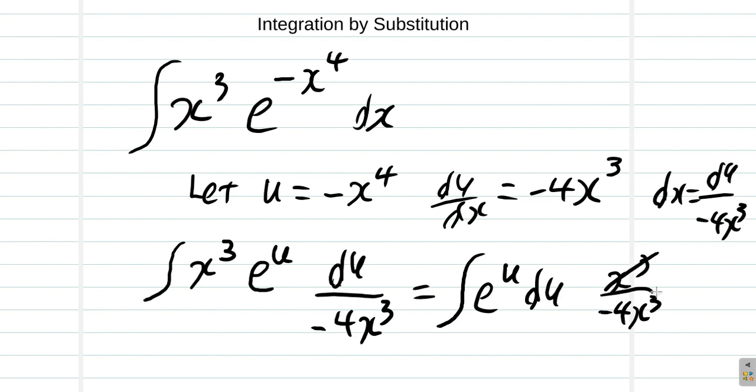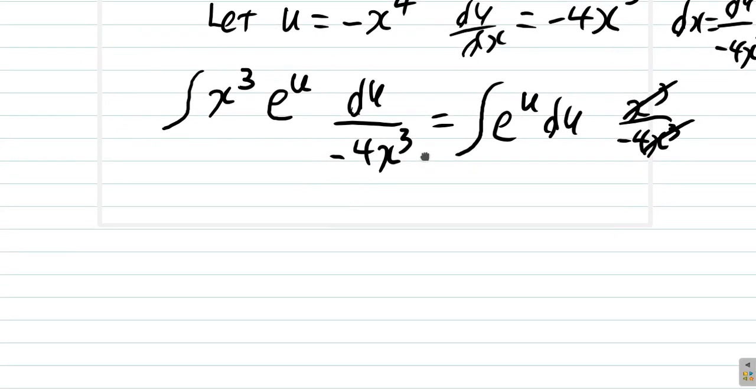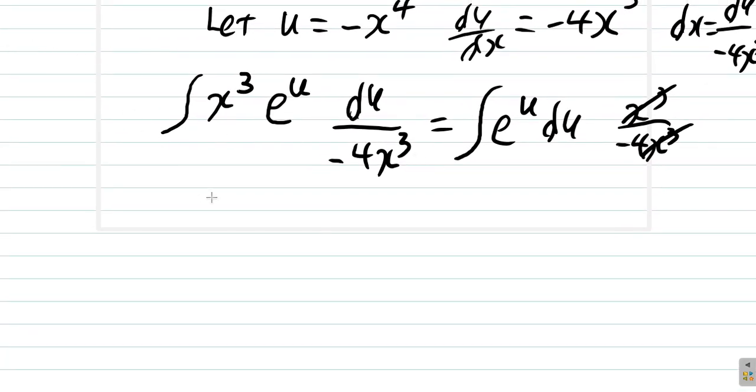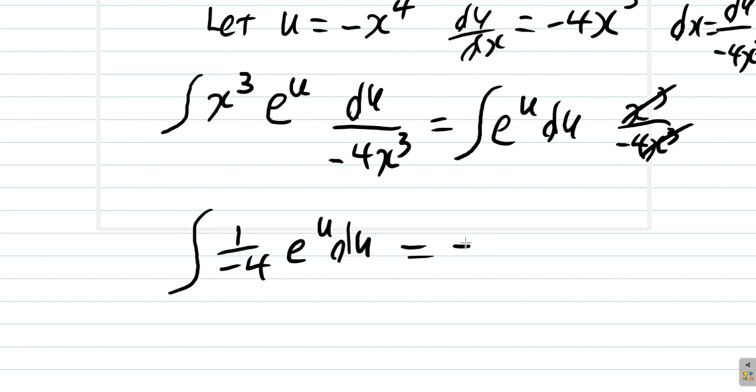The x cubed will cancel x cubed. So what we have then is the integral of 1 over negative 4 e to the u du, which is the same as negative a quarter of the integral of e to the u du.